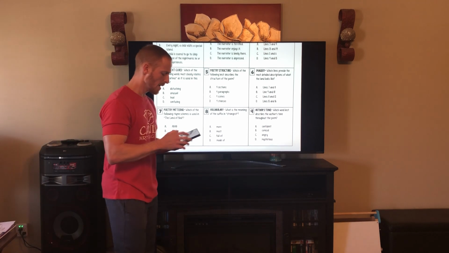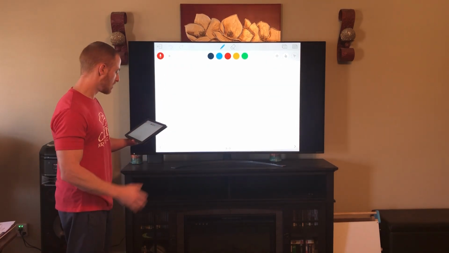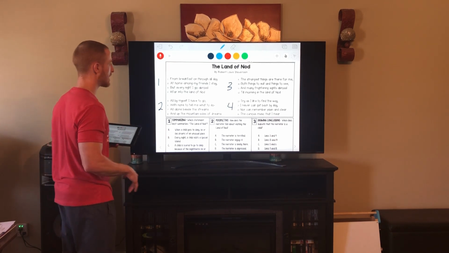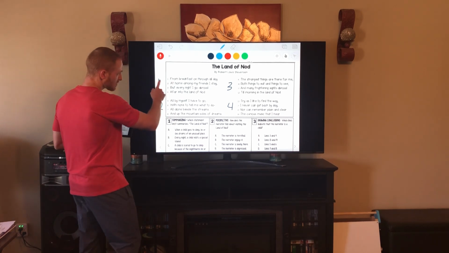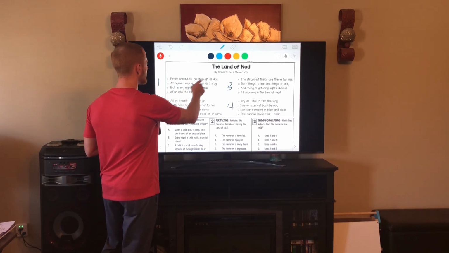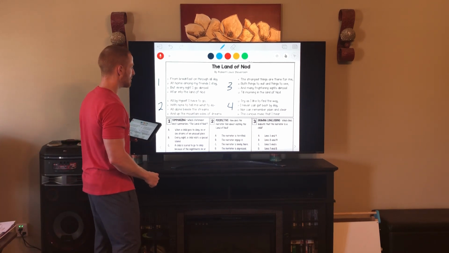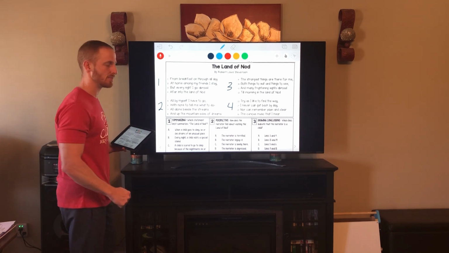So, back to how to actually label the rhyming pattern. When I look at my poem here, I'm going to go through the first stanza with you. It talks about, from breakfast on through all day, at home among my friends I stay. But every night I go abroad, afar into the land of Nod.